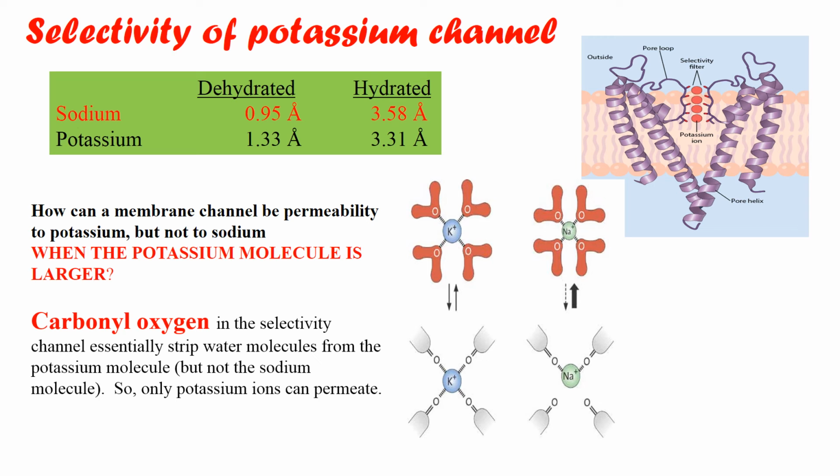So the sodium ion that passes through this potassium channel has a size of 3.58 angstrom, that is hydrated, and the potassium passing through this channel is the dehydrated one, that is 1.33 angstrom. So potassium is able to pass and not the sodium ion.